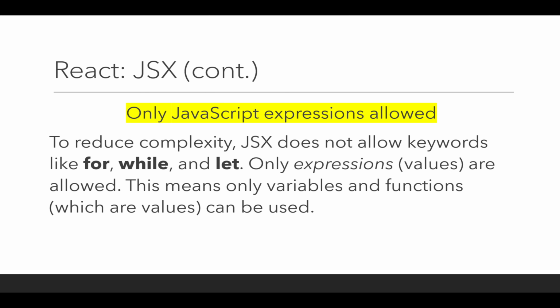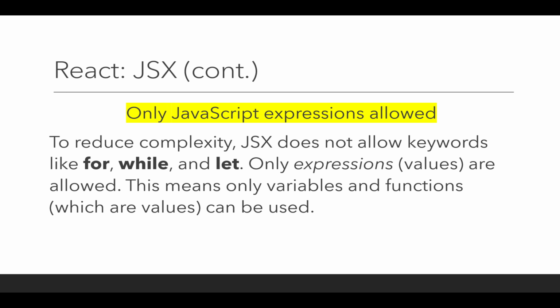Only JavaScript expressions are allowed. Now this may seem a little bit weird, but in order to reduce the overall complexity, JSX does not allow JavaScript keywords like for, while, if, else, let, const, and a large number of other things. The reason for this is it only cares about values.